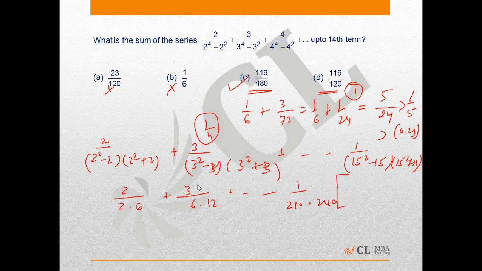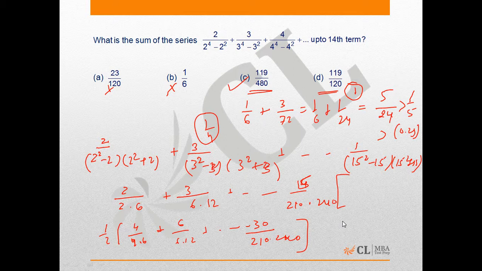Now if we multiply, in fact in numerator it will be 15. If we multiply this whole expression by 2 and divide by the same quantity, we'll get 1 by 2, 4 upon 2 into 6 plus 6 upon 6 into 12 plus 30 upon 210 into 240.